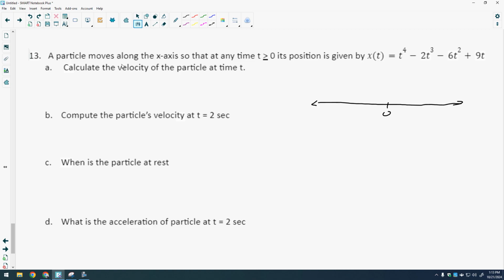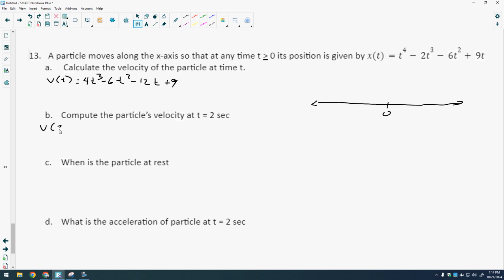Okay, calculate the velocity. So v of t is equal to the derivative of x of t. So I have 4t to the third power minus 6t to the second power minus 12t plus 9. Not too bad. Compute the particle's velocity at time equal 2.